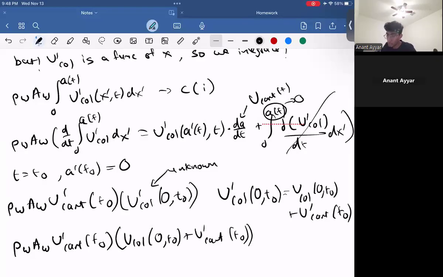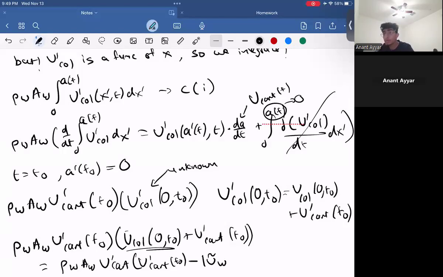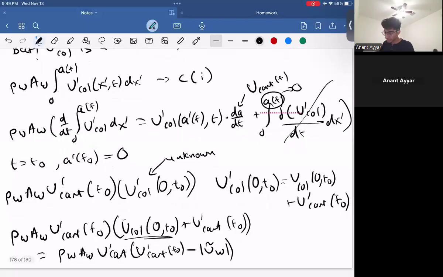Then this is just equal to rho w A w v prime cart, and we know that this term over here will be the negative of the velocity of the water in the accelerating reference frame. So that is the answer to this one.